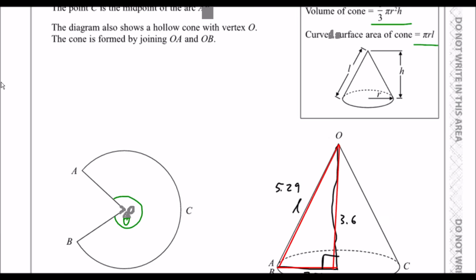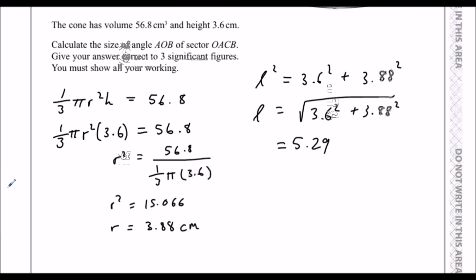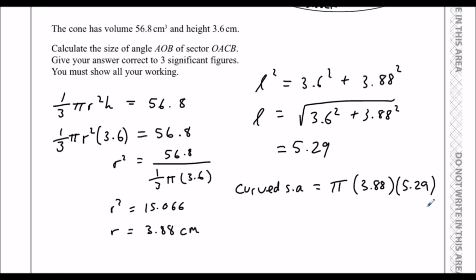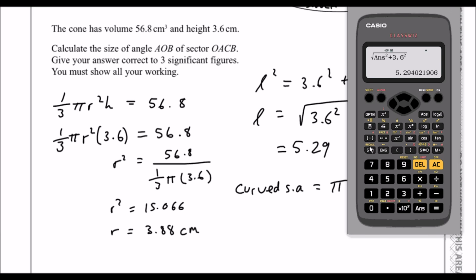So now we can work out the curved surface area. Curved surface area is pi times r times L. And I'm going to save L as B just so it's there.